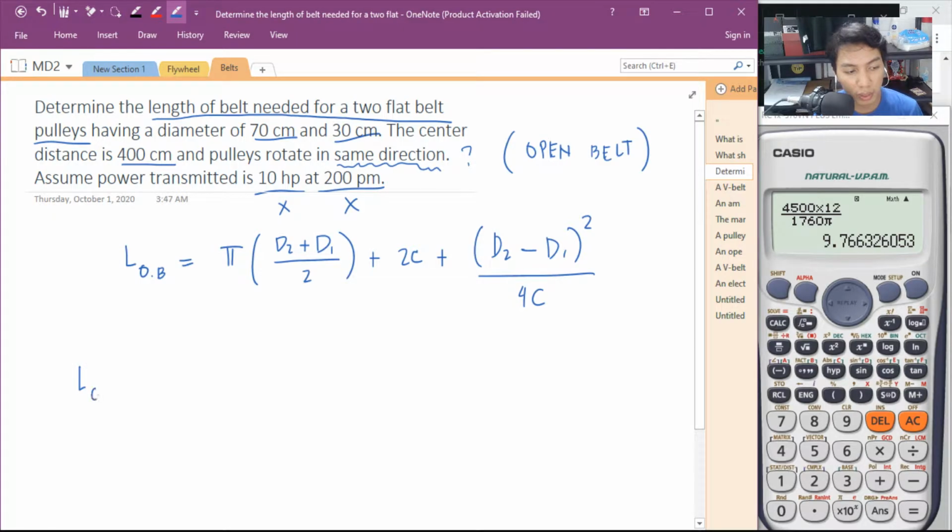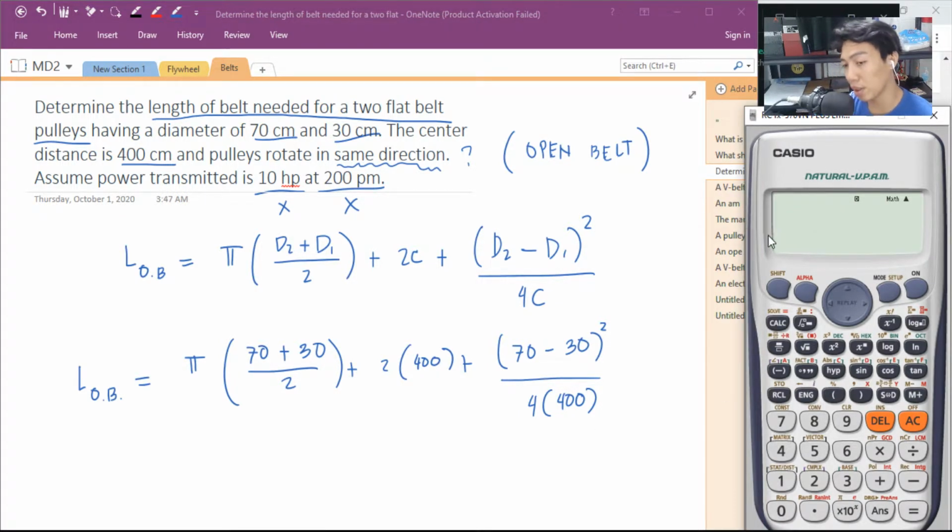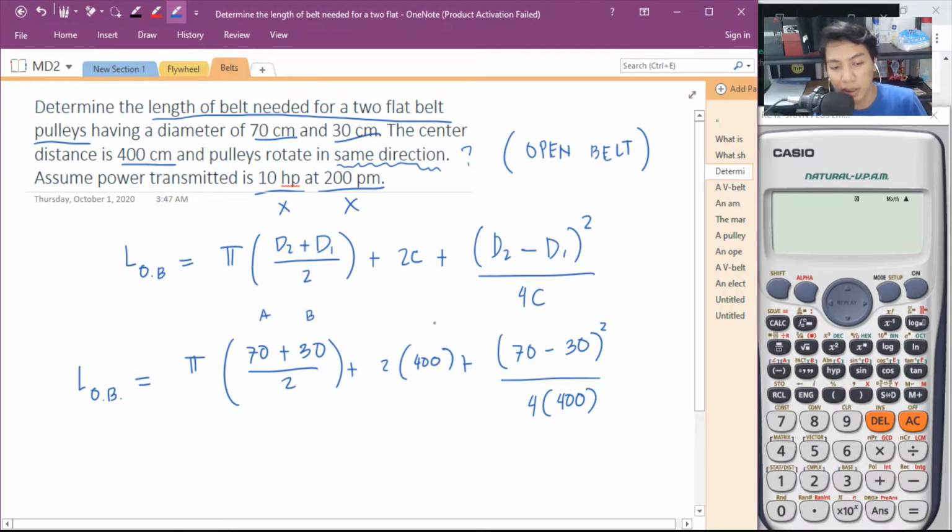So, L open belt, the length of the open belt, is pi multiplied to 70 plus 30 over 2, plus twice nung 400 cm, plus D2 minus D1, that is 70 minus 30 squared. Hindi dapat maging negative to ha. Dapat yung pinakamalaki yung D2, divided by 4 times 400. Now, the length of the belt will be, may tuturo ko sa inyong technique. Let mo to as A, let mo to as B, let mo to as C.